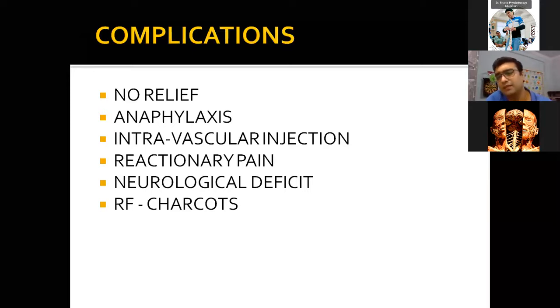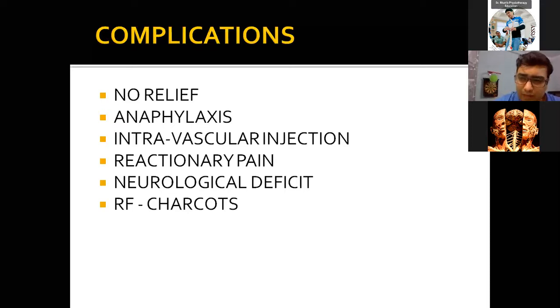Second is anaphylaxis. Anaphylaxis can happen to anybody with any procedure, but of course you can limit this by limiting the amount of medicine that you're giving. You should take a decent history of the patient. Say if a patient has undergone spinal surgery earlier, then you're fairly sure that they're not allergic to xylocaine or Anawin or bupivacaine.